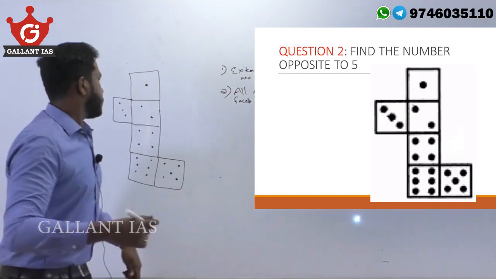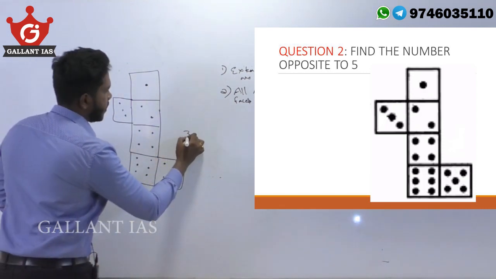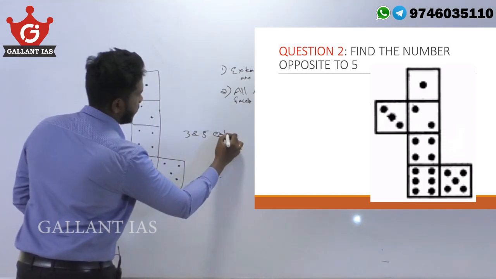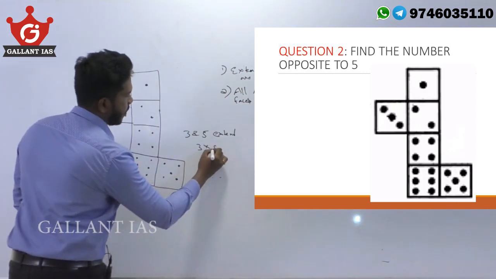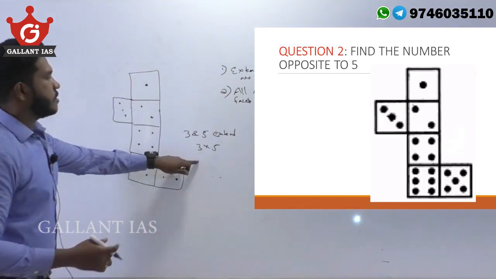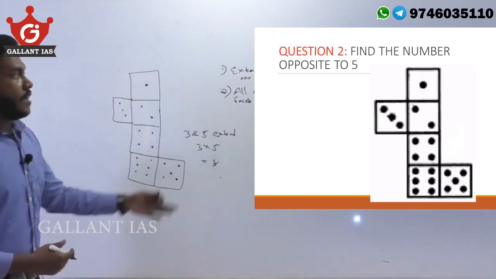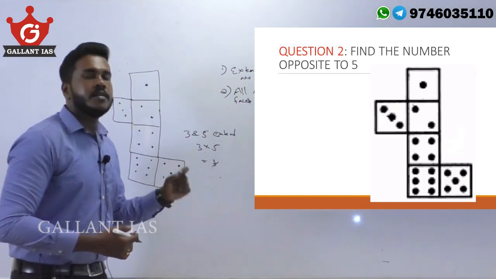From the figure, 3 and 5 are the extended faces. So 3 will be opposite to 5, and our answer will be 3. They asked to find the number opposite to 5, so our answer is 3.